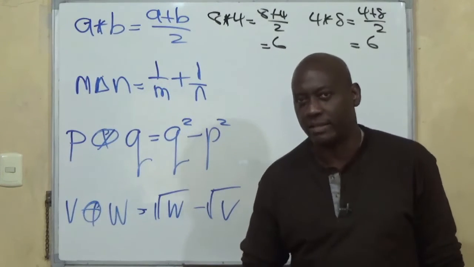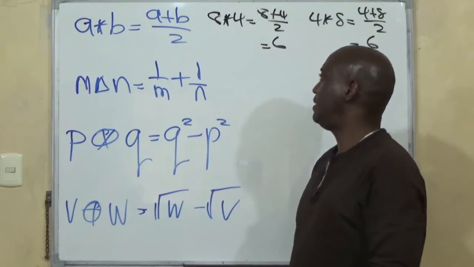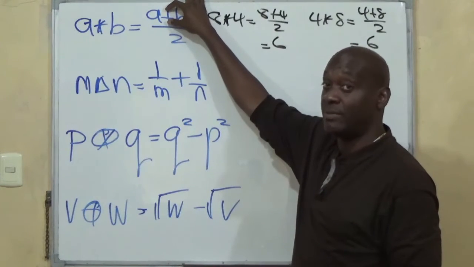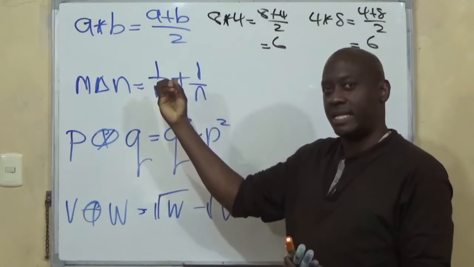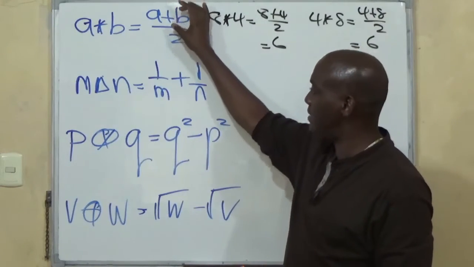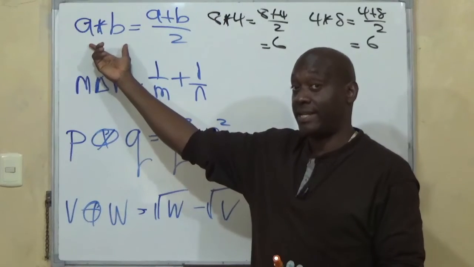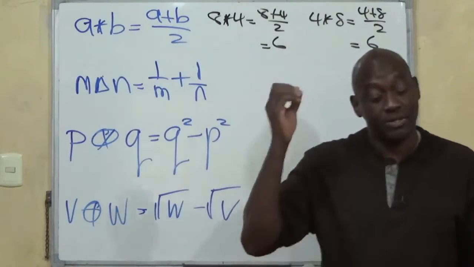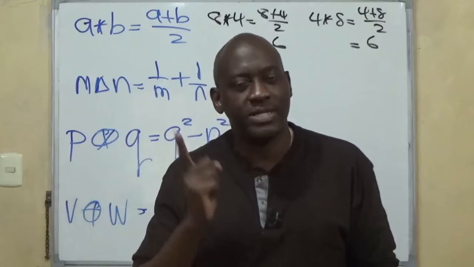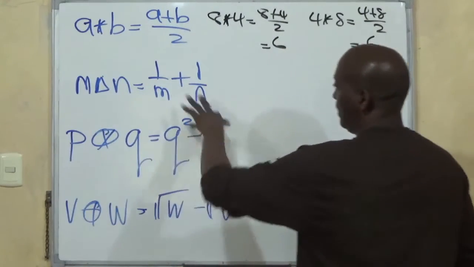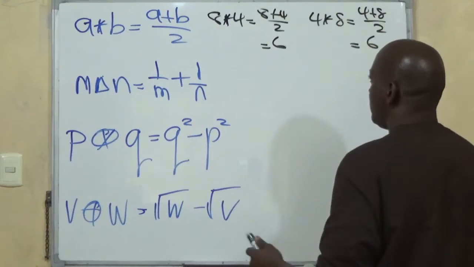And the reason for that is because you have the addition here, which is itself commutative. So in that case, yes, the commutative property of the addition carries over and makes the operation as defined here commutative. But again, I want to drive home the point that it is not always the case. Because if we come here now, no, let me do this one first, just to drive home the point.